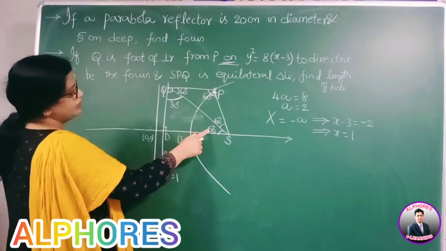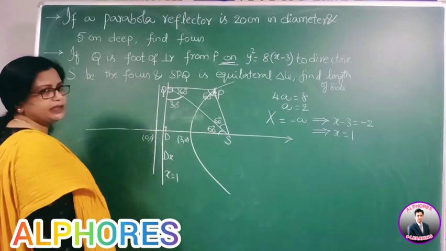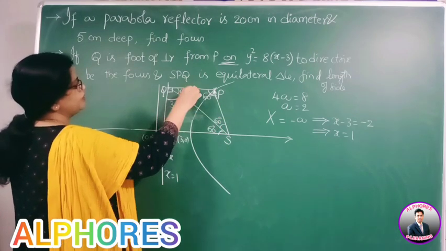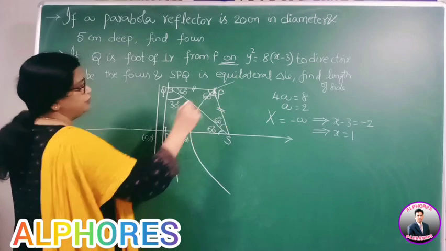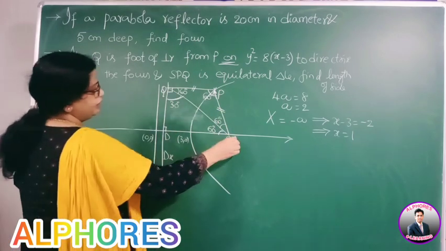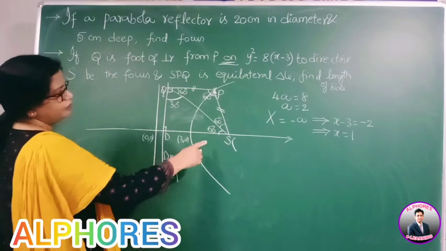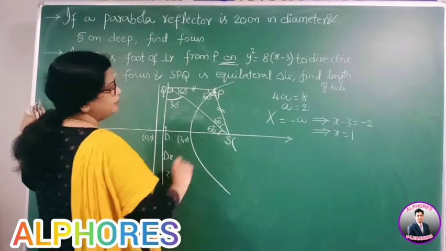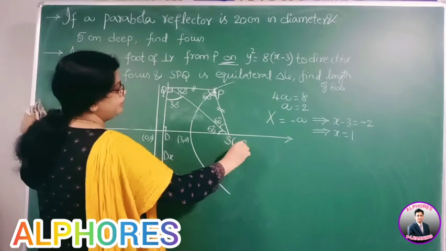As this is 60 degrees and this one is 30 degrees, and you know in a parabola SP is always equal to PQ, that's why you got 60 here and 60 here. Now what about this value? The focus is actually (a, 0), that means (2, 0).